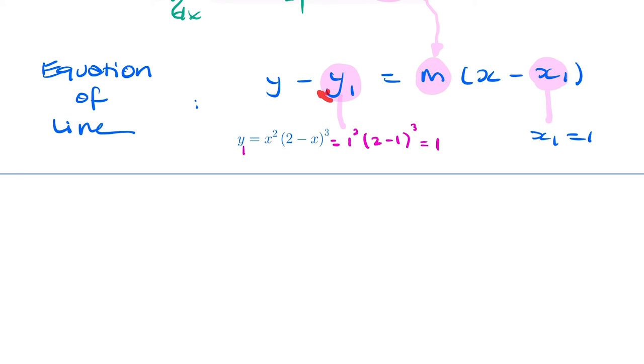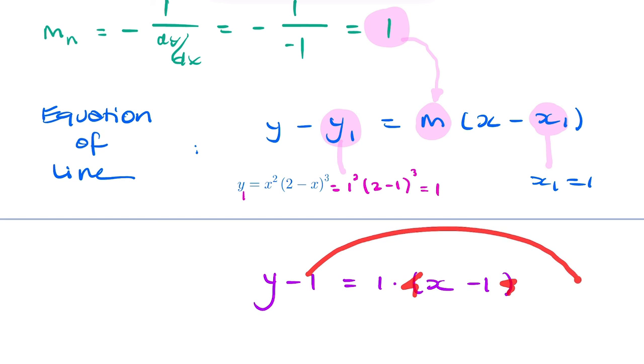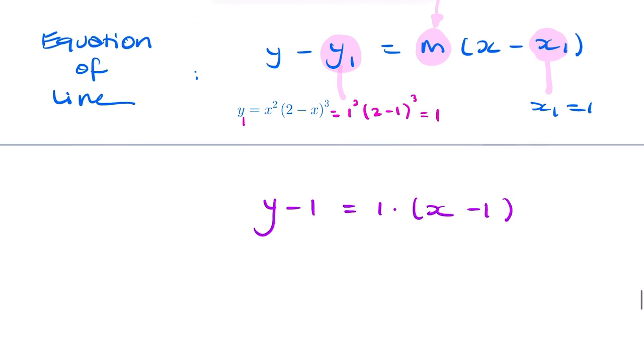So now we know y1, we know m, we know x1. I can write the equation of the normal. So y minus 1 equals 1 times x minus 1. So we don't need to write that 1. The brackets disappear. We can move the 1 to the other side.